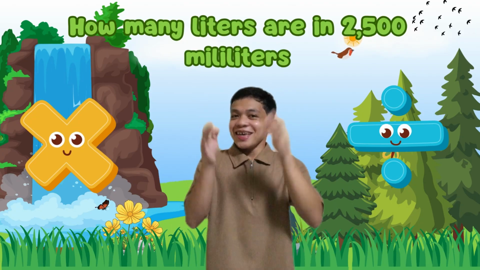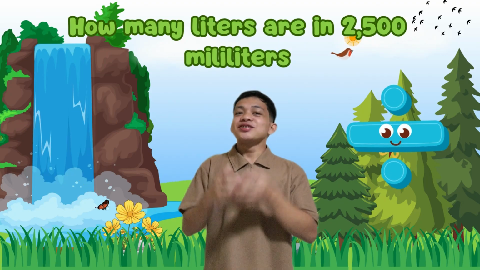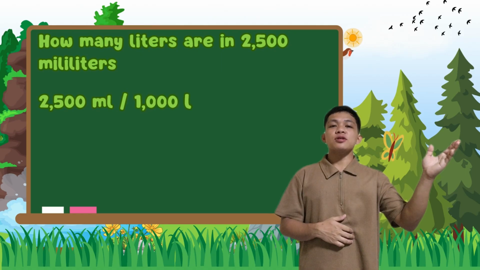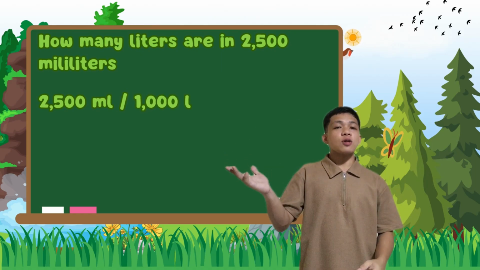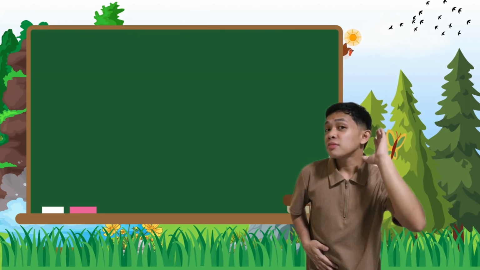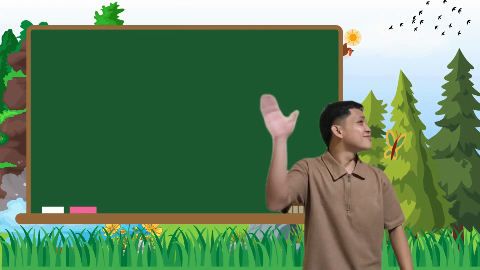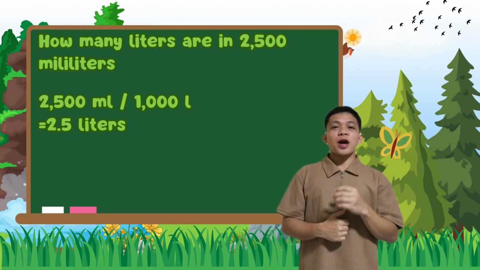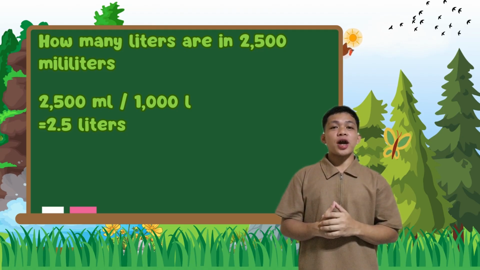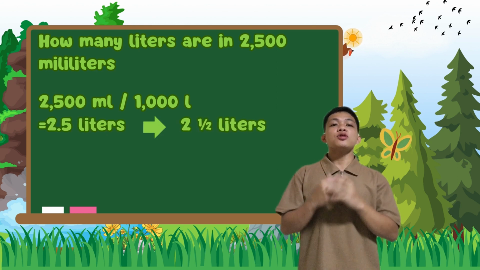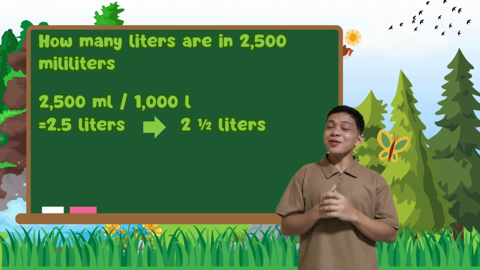You're right! It is division. So we're going to divide 2,500 milliliters divided by 1,000 is equal to... Alright! There are 2.5 liters in 2,500 milliliters.